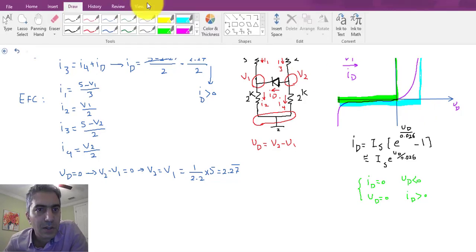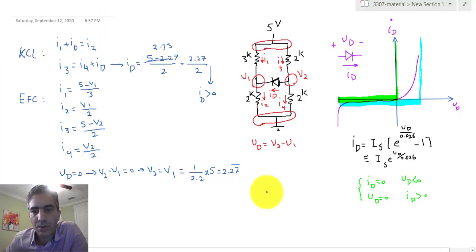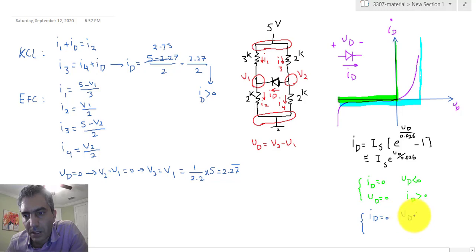So let's actually write the equations this time. I'm going to use blue. Not light blue here, I'm just going to use blue. So this new approximation goes something like this for the blue approximation. So ID is equal to 0 this time, as long as VD is less than the built-in voltage of the diode.